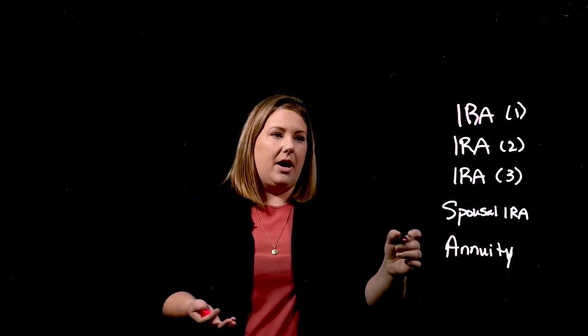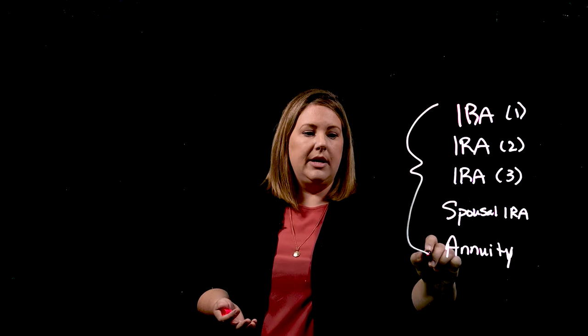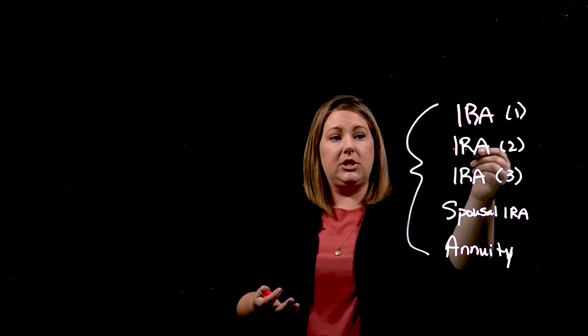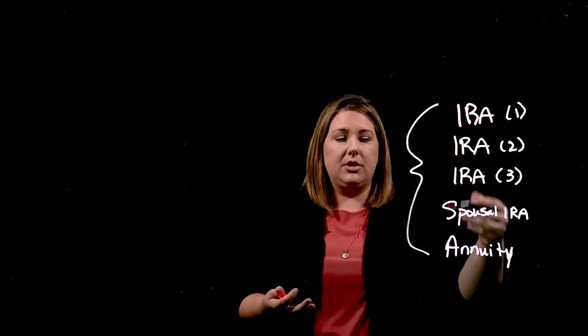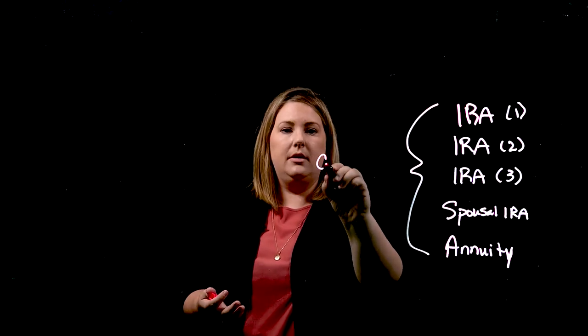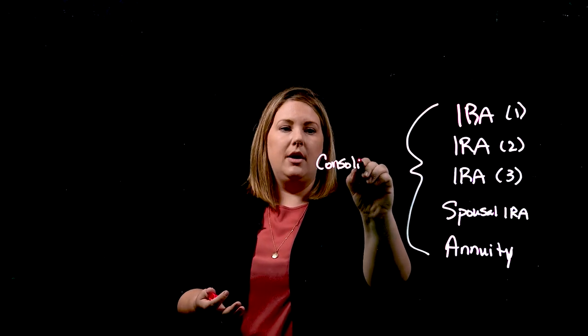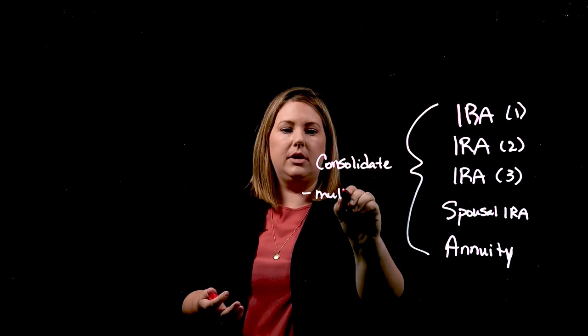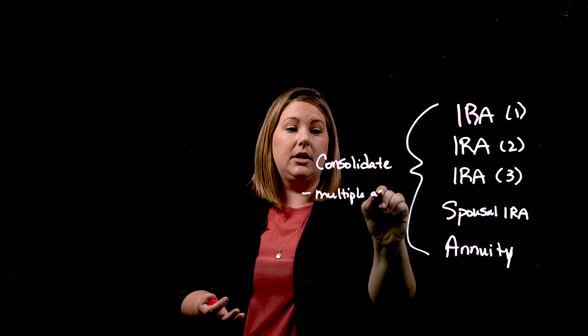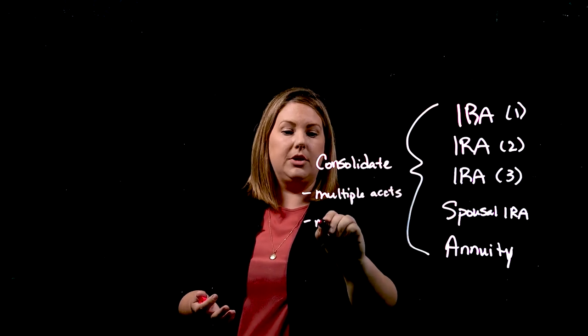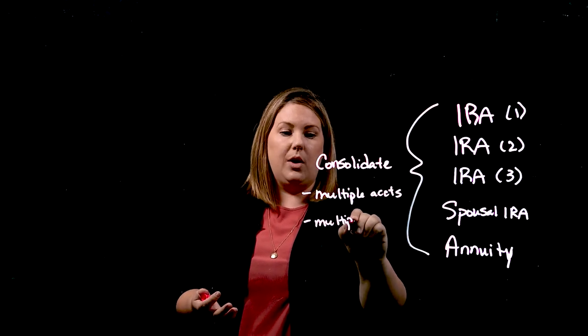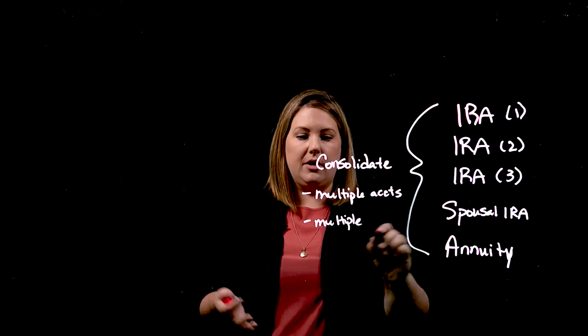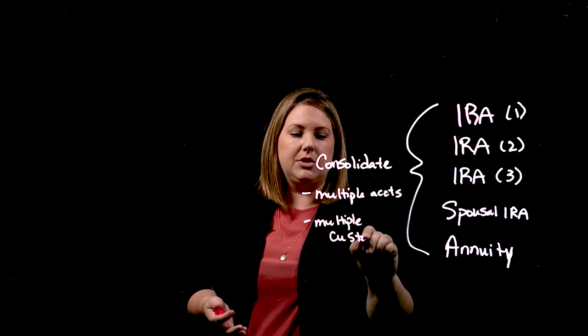Now, what's unique about these different types of accounts is that you could take the RMDs from each account, or you could actually consolidate them all together and take them from one. So these could be consolidated, and this could be multiple accounts like we've talked about. It could also be from multiple custodians. So if you had one of each of these types of accounts, they would likely be at different custodians.